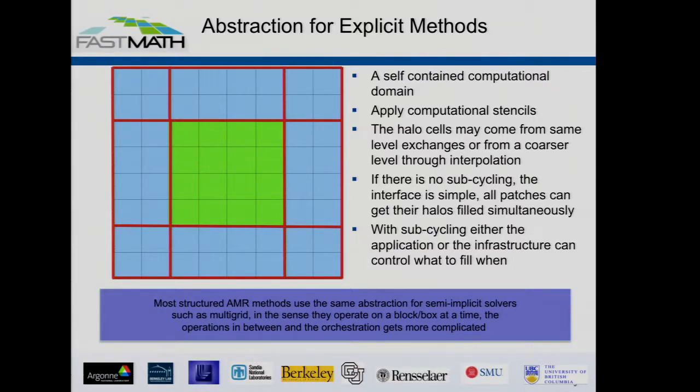So the solution in this particular patch is getting updated on the green cells, which are dependent upon the values that are sitting in the blue, because the stencil is typically going to go up, side, down, and so on. So this provides us a complete computational domain for an operator to work on, so you can apply the computational stencils on it.